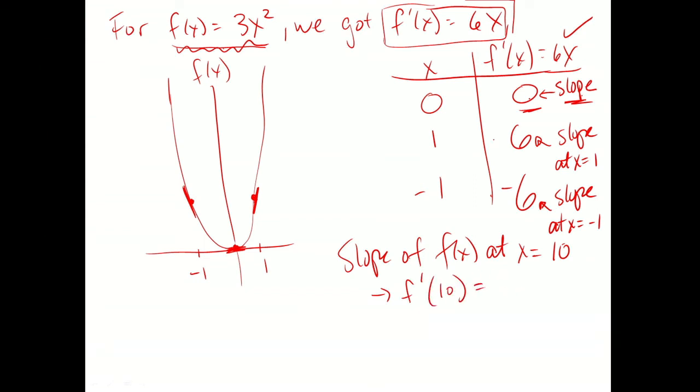The derivative formula is 6x. So if you want to know what's happening at 10, just plug 10 in, and you get 60. So 60 meaning for every 1 unit of change in x, your y changes by 60. Well, that's extremely steep. That's like a mountain that almost goes straight up. It's like a cliff more than a mountain.